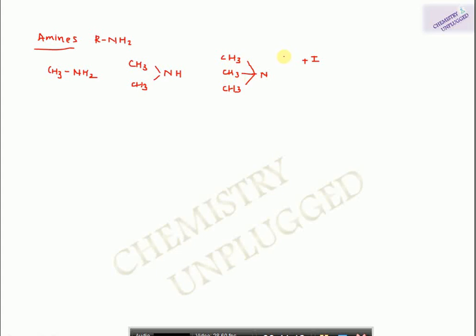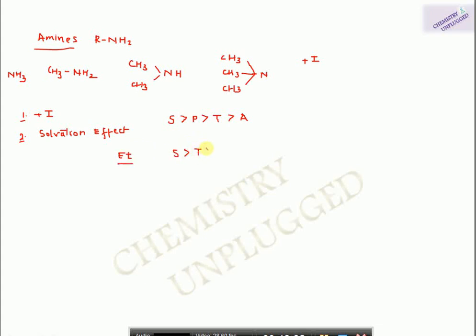But the basic strength of amines is not only governed by the plus I effect, it is also influenced by the solvation effect of the solvent. So the order of basicity will be secondary, then primary, third is tertiary, and last is ammonia. It is for methyl substituted amines. You can simply remember this using the term SPTA for methyl substituted amines.